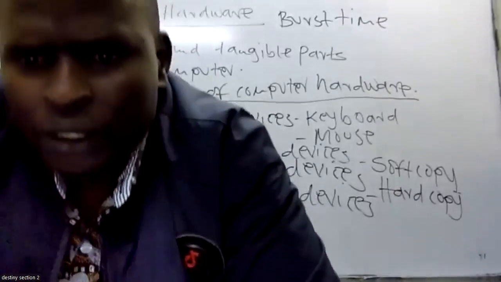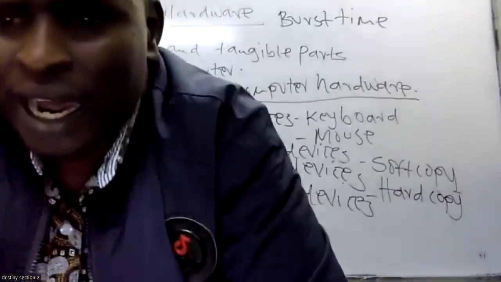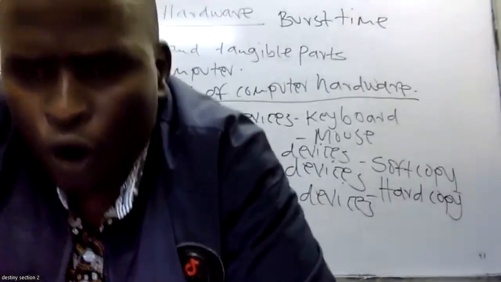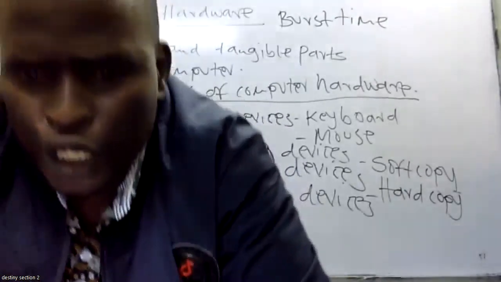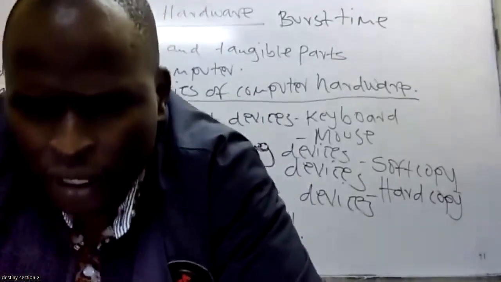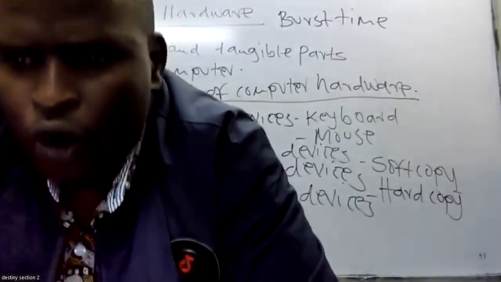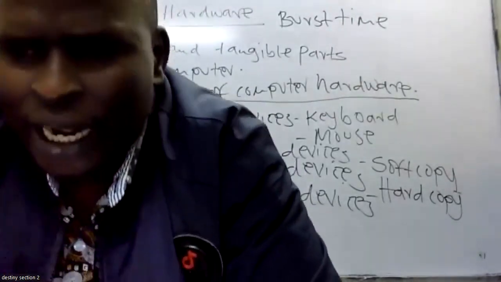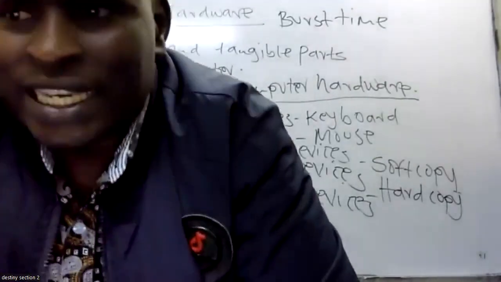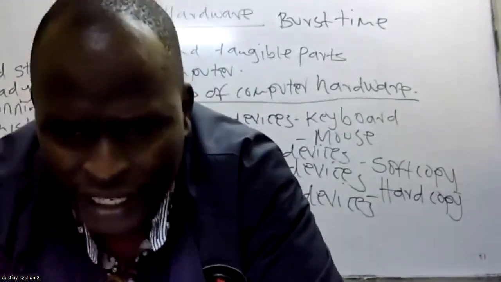Let me just repeat. The scanning devices are used to capture data through scanning by converting hard copy images, e.g. the optical mark reader, OMR, then the optical character reader, OCR, and also the magnetic ink character reader, MICR. Examples of scanning devices.